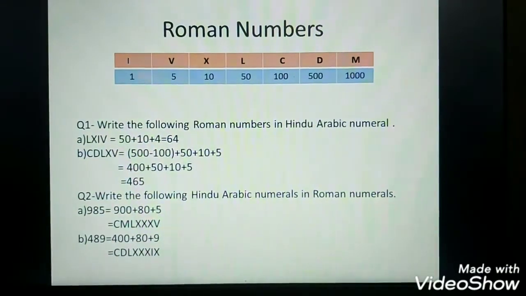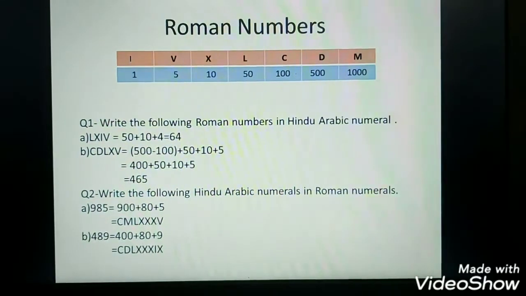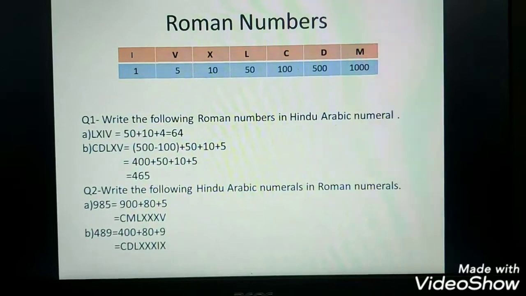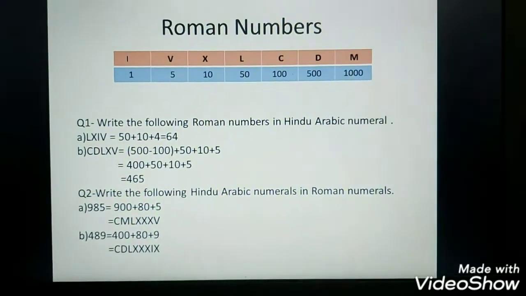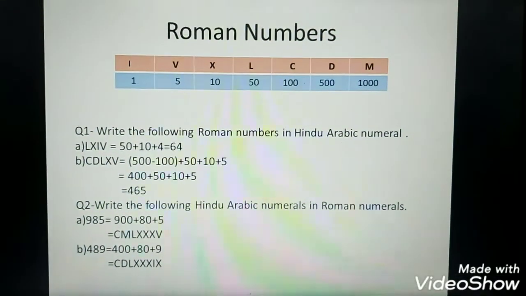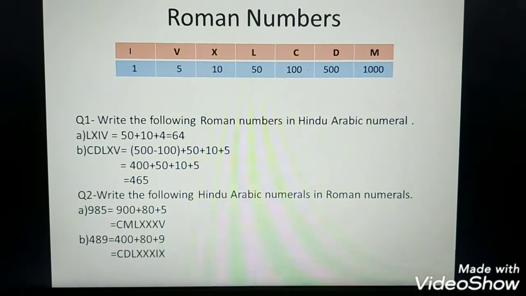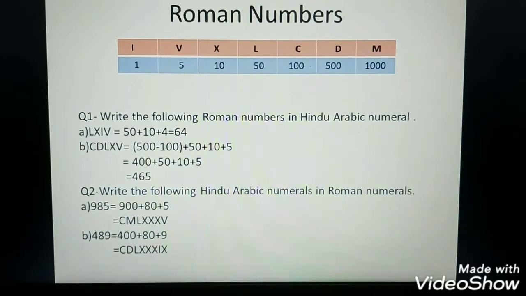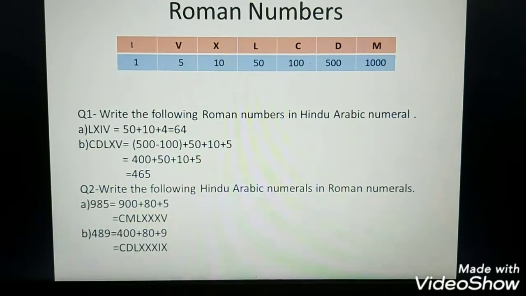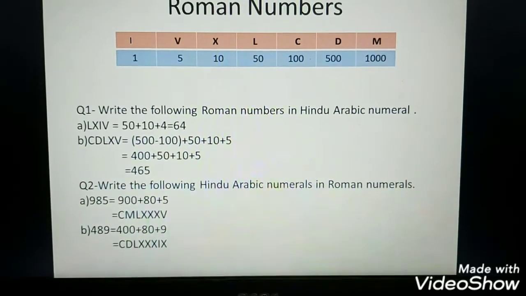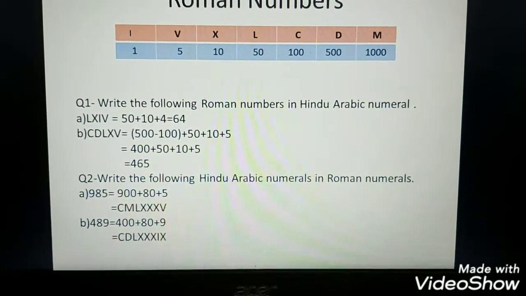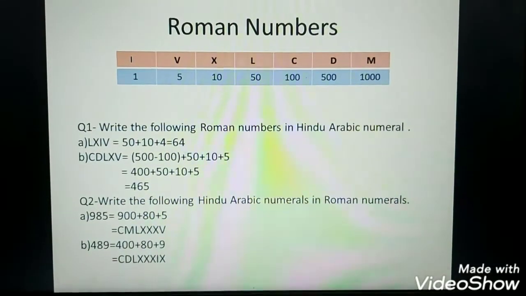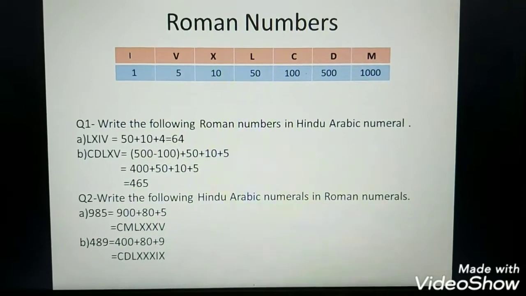There is a rule that when a smaller symbol is on the left of a larger symbol, we subtract the value of the smaller symbol from the larger symbol. So 500 minus 100, we have subtracted the value of C from the value of D. Now L stands for 50, so plus 50, X stands for 10, so plus 10, and then V, plus 5. So what is the value here? 465.